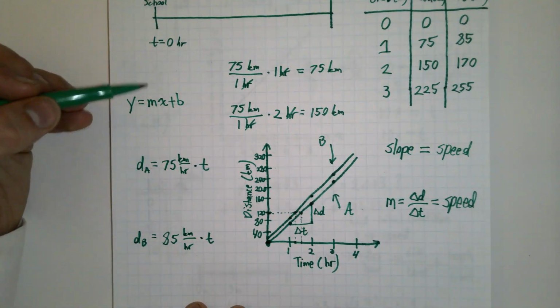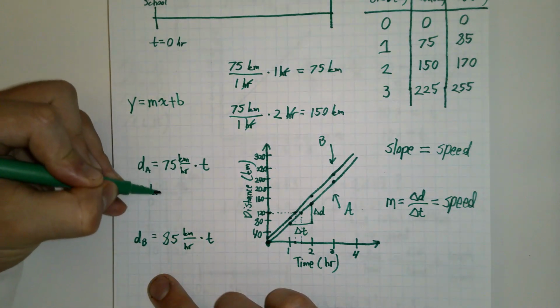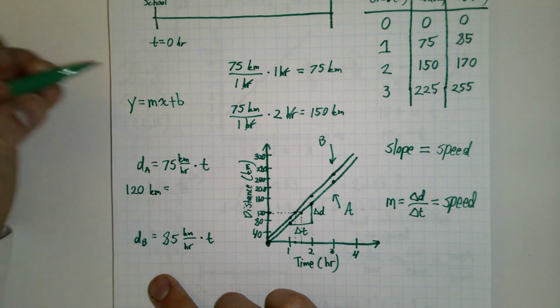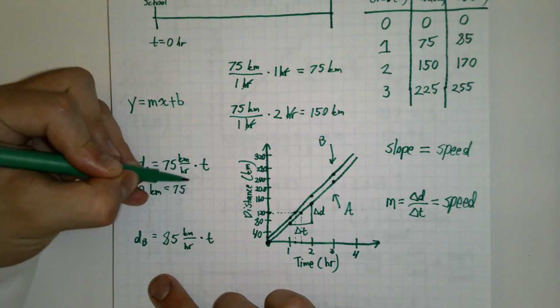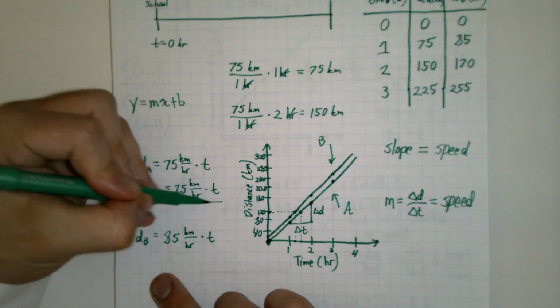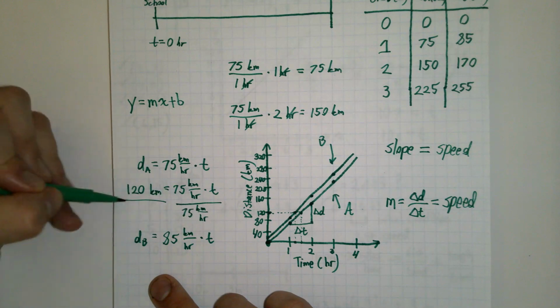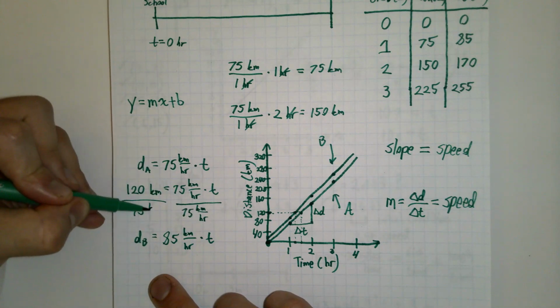All right. If we wanted to find out once they had each traveled 120 kilometers, we just plug in 120 for the kilometers for distance A. And then we just solve for time here. To get time by himself, we need to divide by the 75 kilometers per hour on both sides because of our equal sign, to keep them equal.